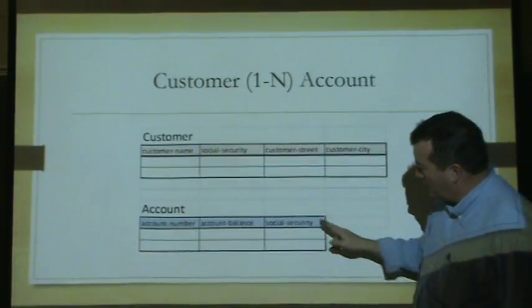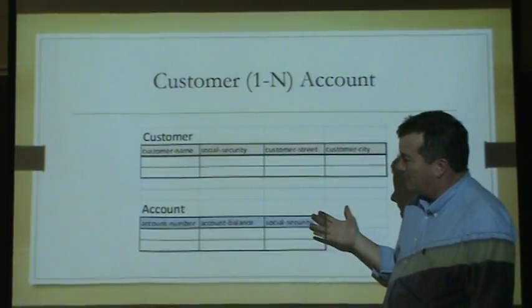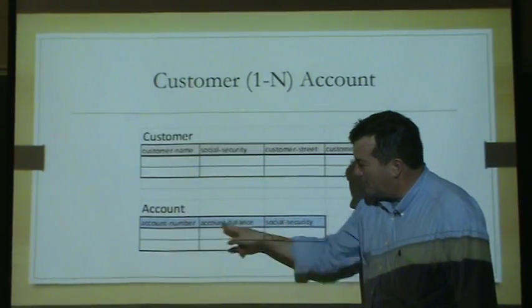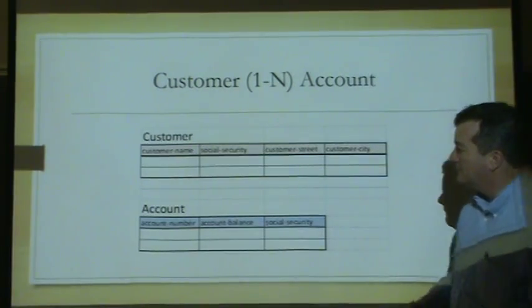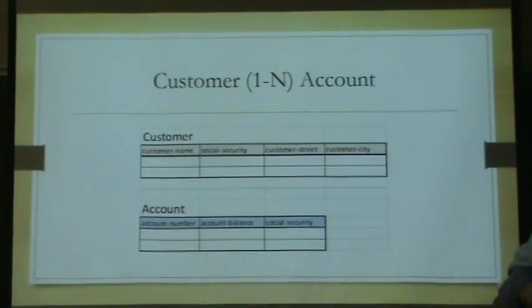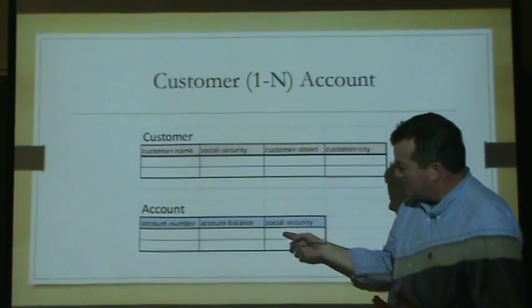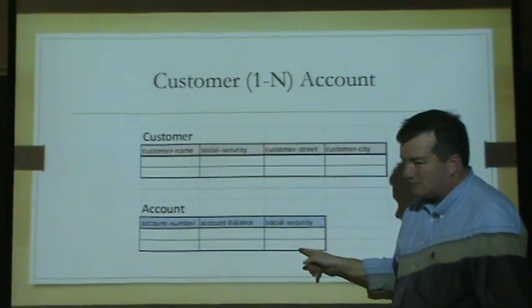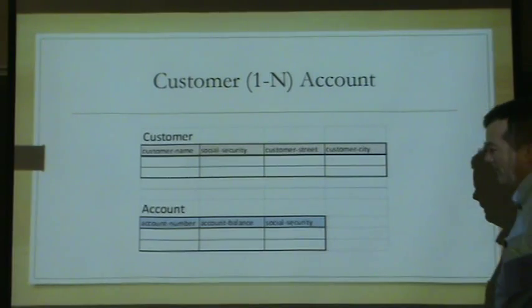So now if we add to every account a Social Security number, what have we effectively done? We've tied every account to a person or a customer by adding this column here. Then we want to have rules on it that say I only want to accept Social Security numbers that exist in this table. We don't want to have accounts for people who are not customers of our bank.